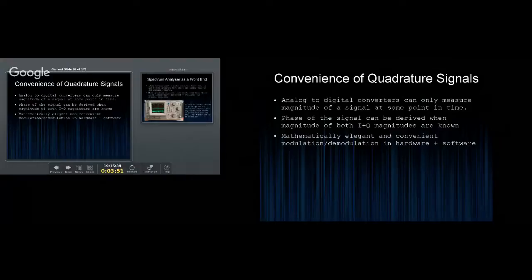To derive the phase relationship, you've got to have the quadrature signal, or you have to collect a large stream of signal magnitudes and then derive some information about the waveform itself and where that particular point in time sits with respect to the whole waveform.